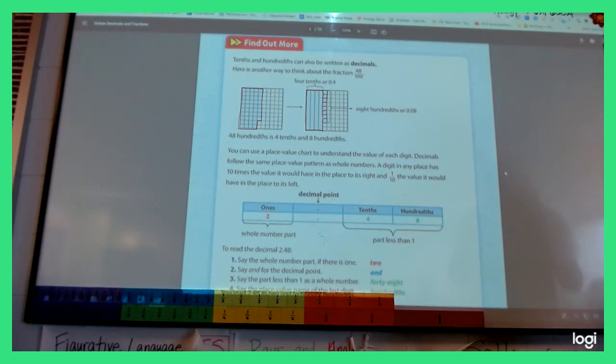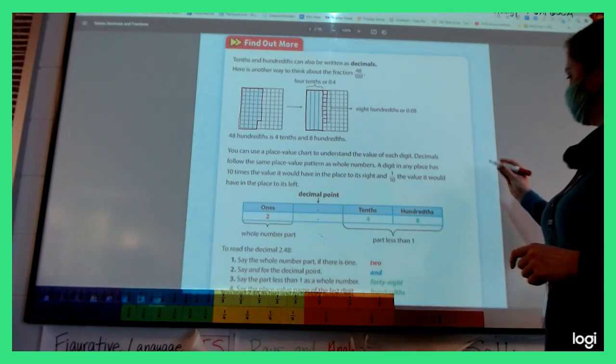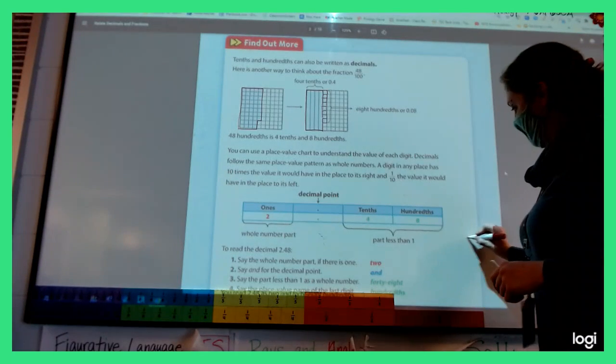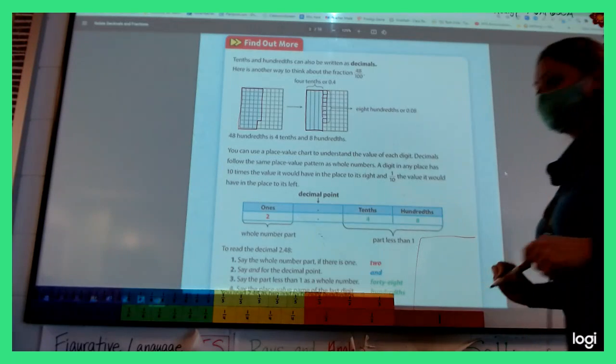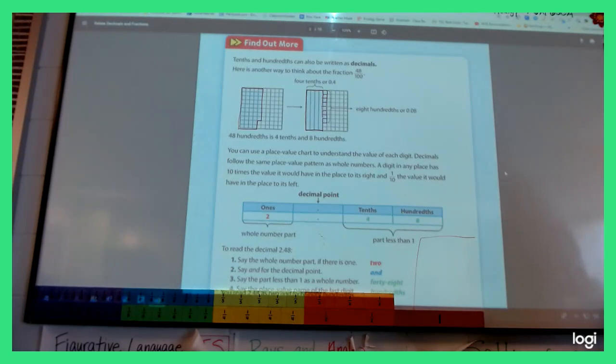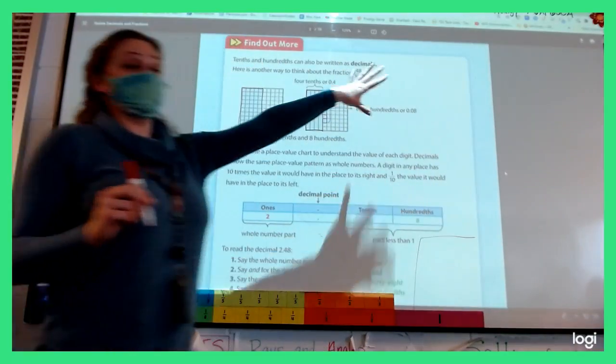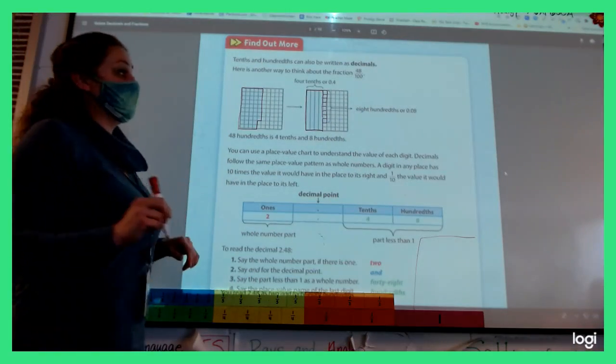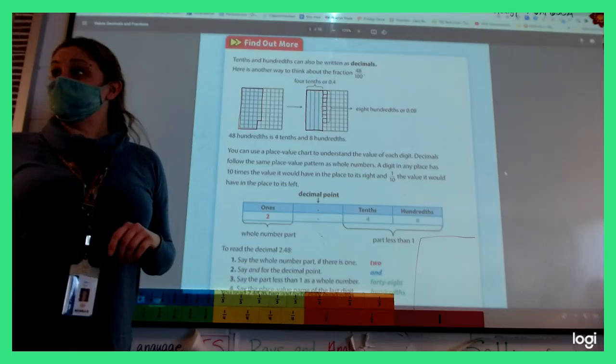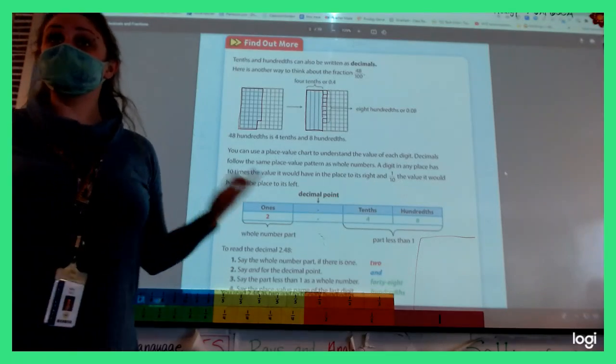Okay, now is when I need you to make a little chart in your book. Anywhere where you've got some space, maybe down here, make a little box, because we need to make a tiny chart. Everyone ready? Ding. All right. So you're going to put it on your paper. I'm going to write it larger so everyone at home can see it too. Decimals have place values just like whole numbers.